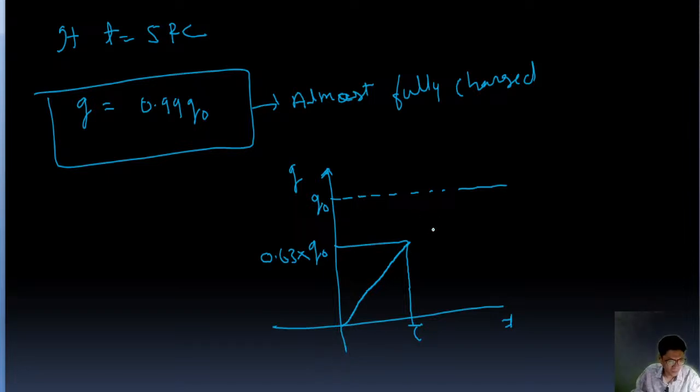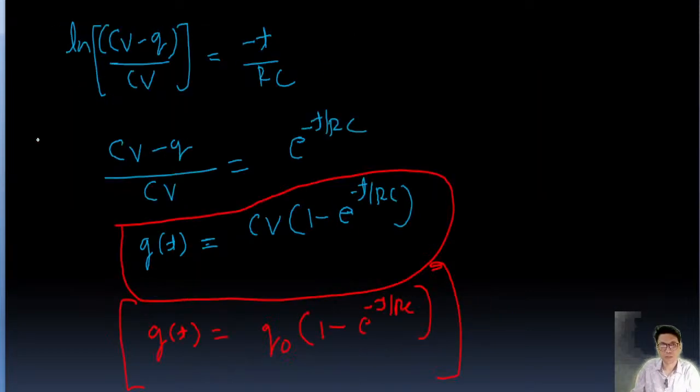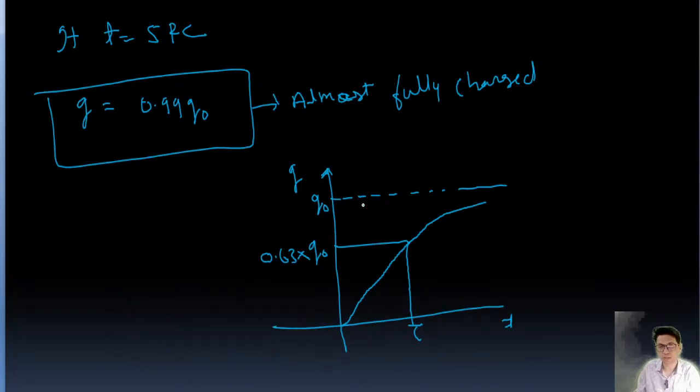This is the graph between Q and time, where tau is RC, for this equation. It is a very important equation for the charge on a capacitor Q, so this is the important graph.